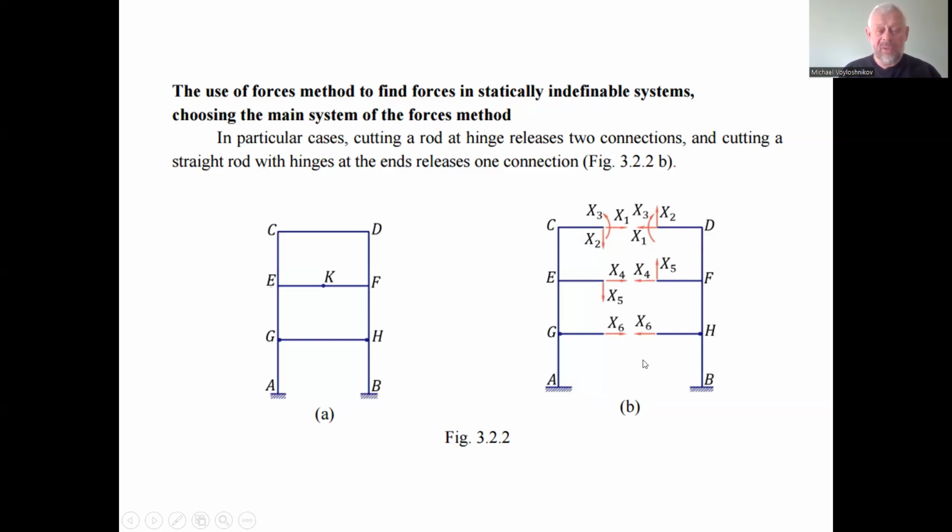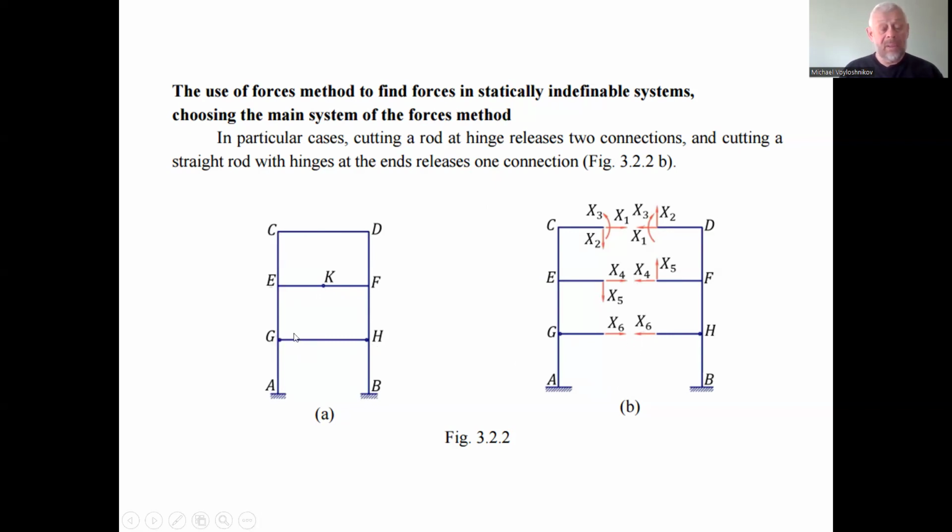So this is the subject, how many variables we can put as a subject of finding by the forces method for a statically indeterminate system, cutting the other mechanical elements of the system of rods: the straight rod with no hinges rigidly connected in the corners, the rod having the intermediate hinge, and the rod connected by two hinges in the corners, G and H, for example.